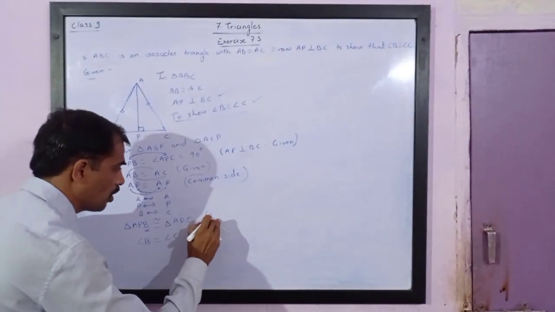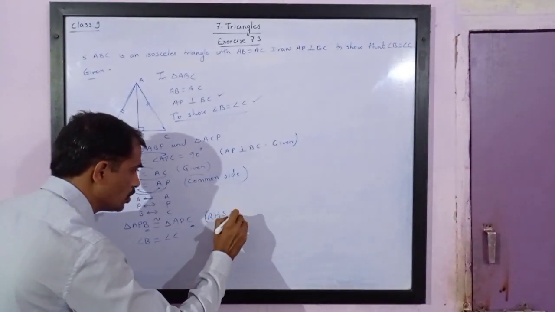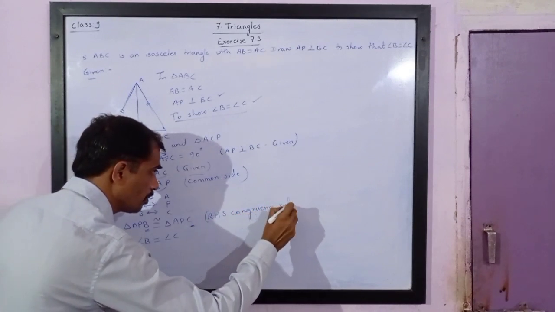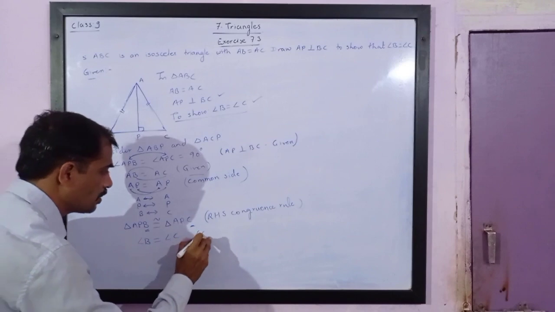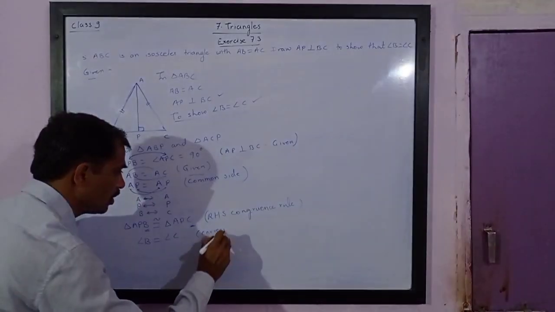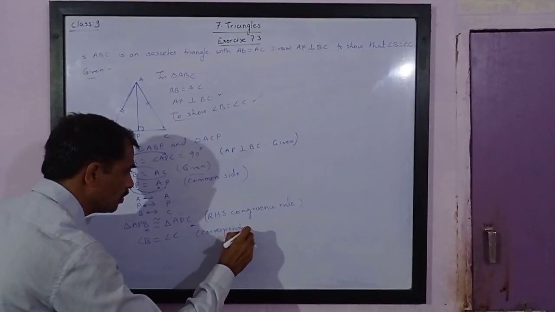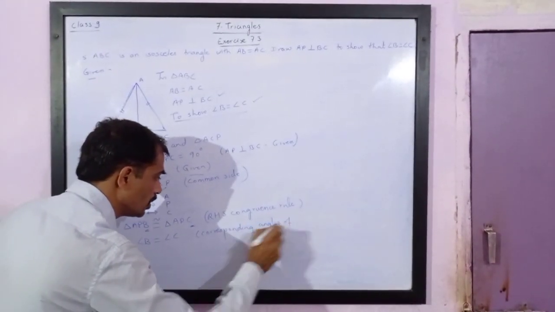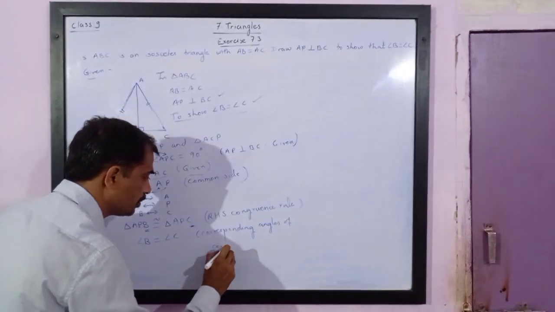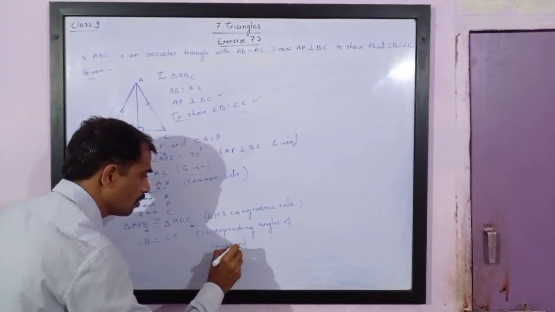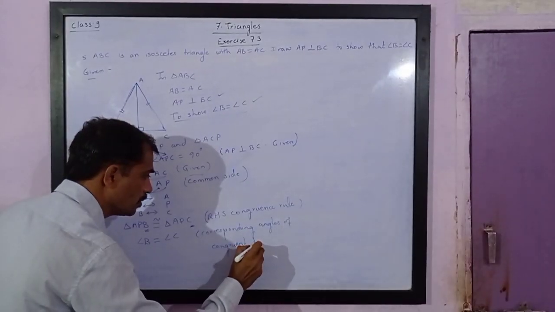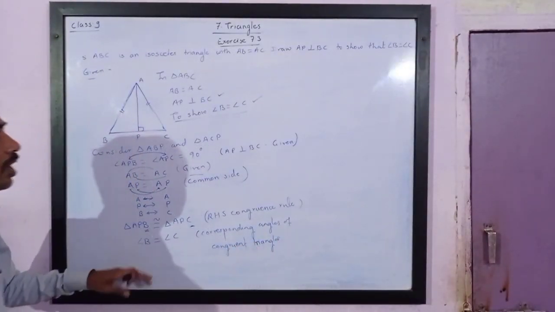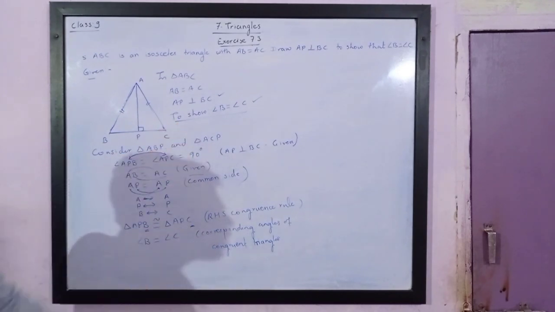These two triangles are congruent by the RHS congruence rule. Thus, we have proved that angle B is equal to angle C.